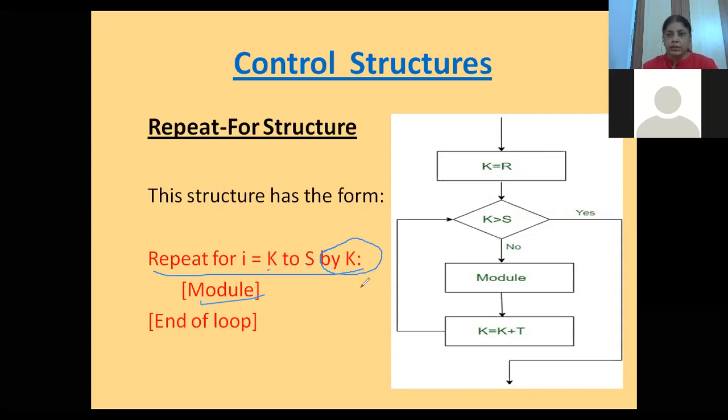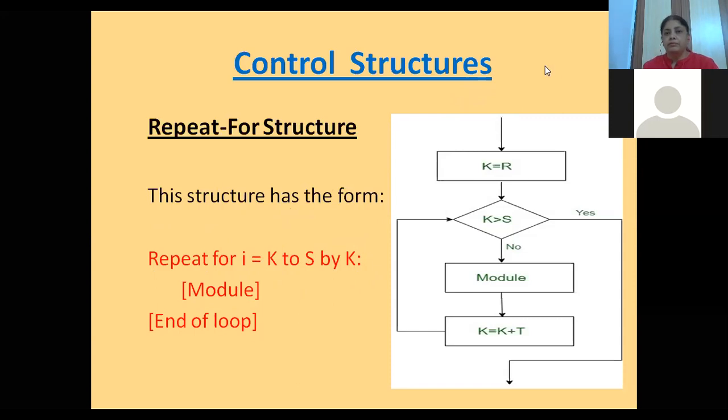It should be decremented by 1. So that way in C++ जैसे फैक्टोरियल का बहुत सब उल्टा भी स्टार्ट करते हैं, फैक्टोरियल ऑफ अ नंबर वो उल्टा भी लगाते हैं, जैसे 5 का निकालना हो तो 5 to 1 तक भी करते हैं. Okay, so this is the repeat for structure.